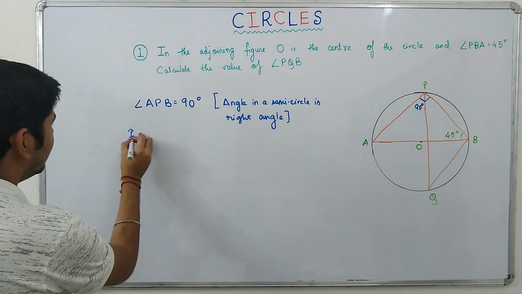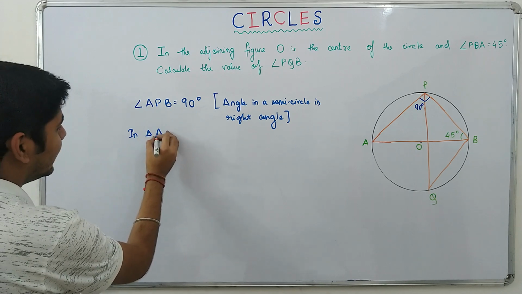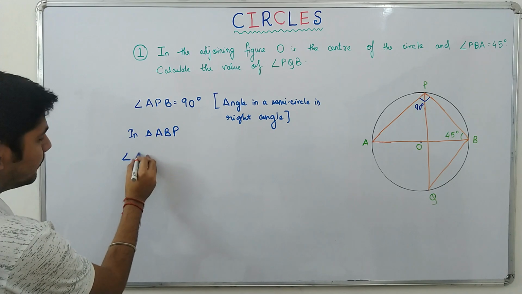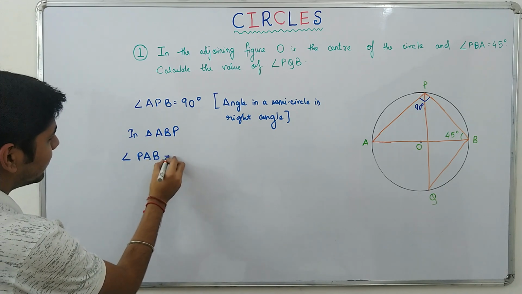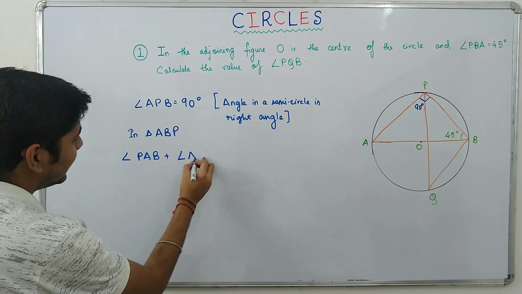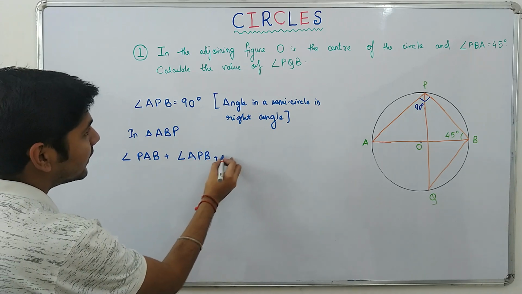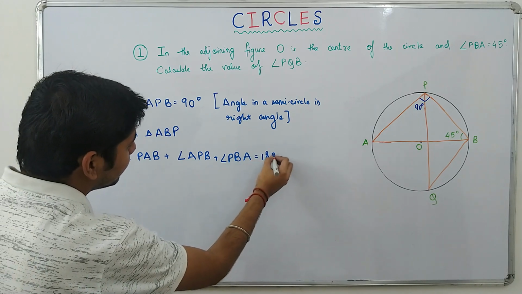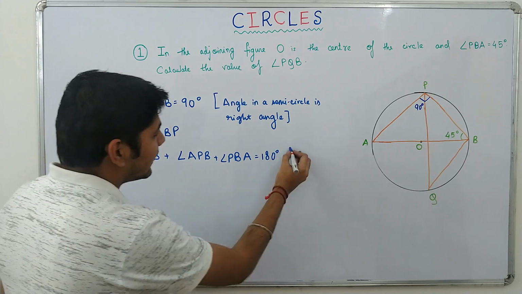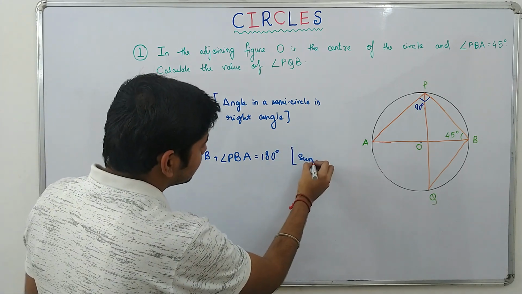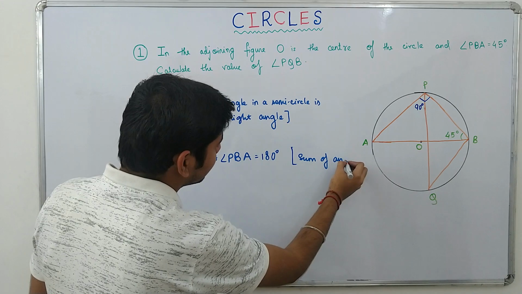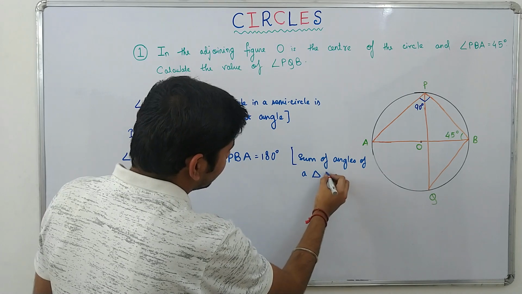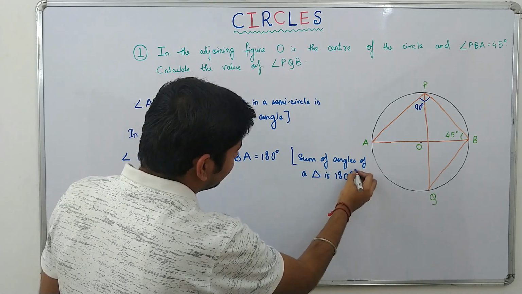So in triangle ABP, angle PAB plus angle APB plus angle PBA is equal to 180 degrees, and beside it I will write that sum of angles of a triangle is 180 degrees.